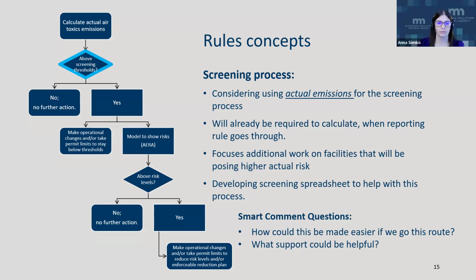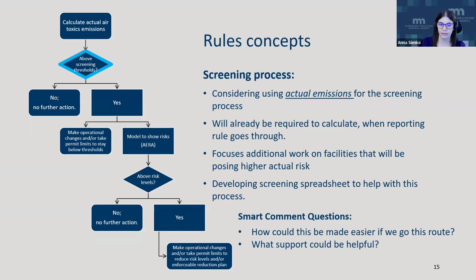And by looking at actual emissions, we are trying to focus more on facilities that actually pose a higher risk. Additionally, we have the air toxics reporting rule that would impact the 7-county metro. This rule is not final yet, but facilities would already be required to calculate their actual emissions through this rule.